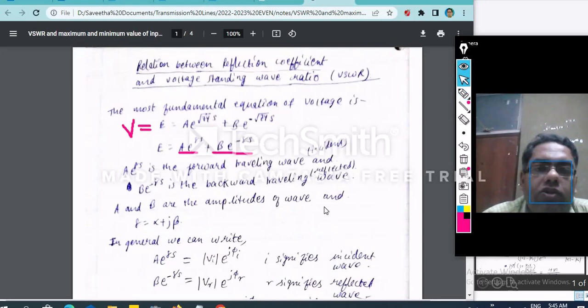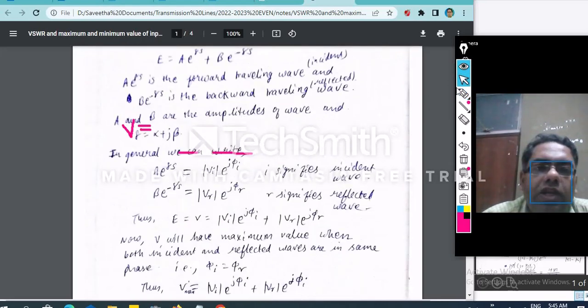We can just write that for this term A e to the power gamma S, suppose the magnitude is mod Vi, which means incident voltage, and the phase is phi I. So we write the phase in this form only, e to the power j phi.